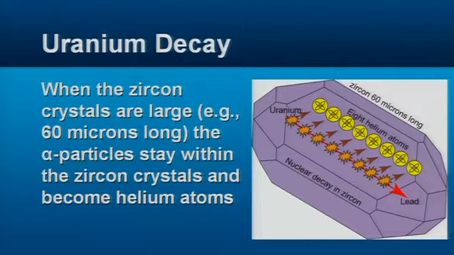Now, when the zircon crystal is large, and they're often large and quite visible under a microscope, the alpha particles don't escape from the zircon crystal. And in fact, they capture stray electrons and become helium atoms. And we talked about helium in zircon on Tuesday night.